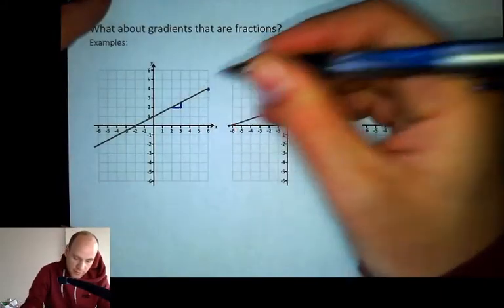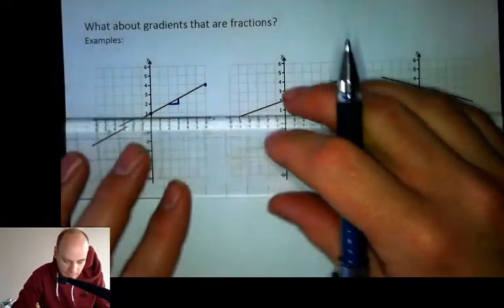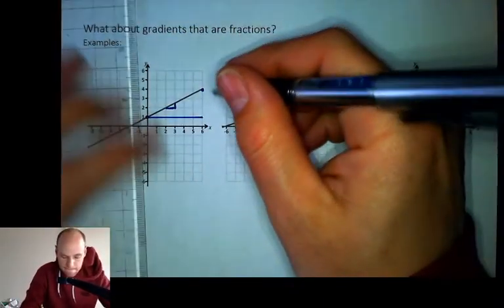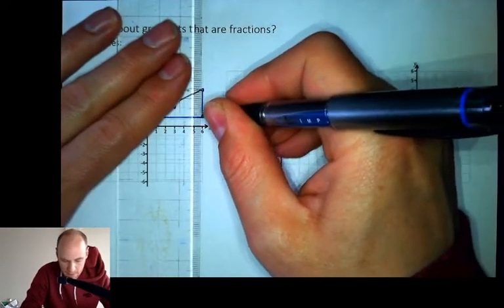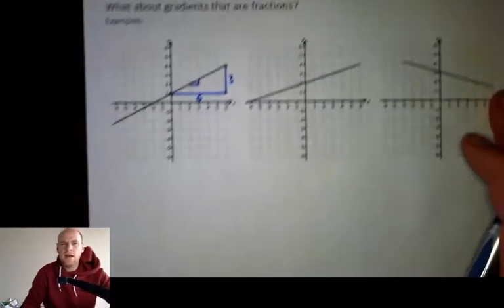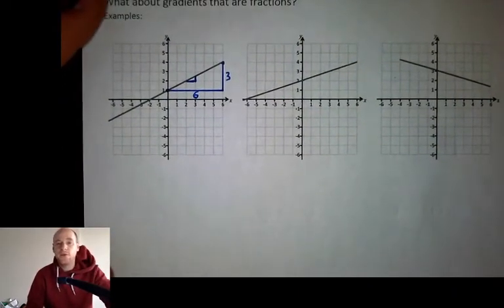Maybe a nice big triangle like that. So I've got 3 there and I've got 6 there, which is looking much more useful in terms of finding out what the gradient is.